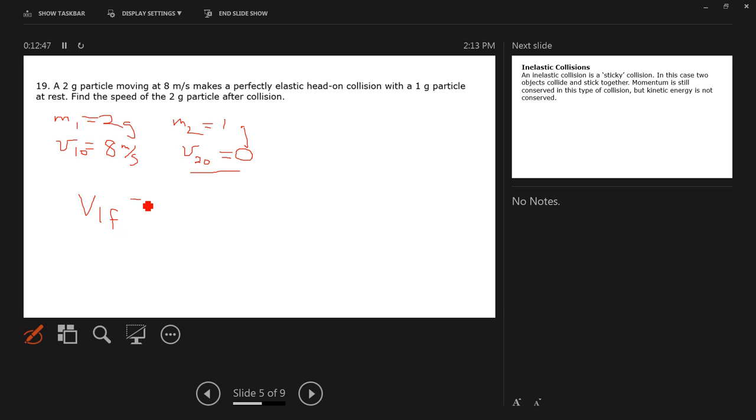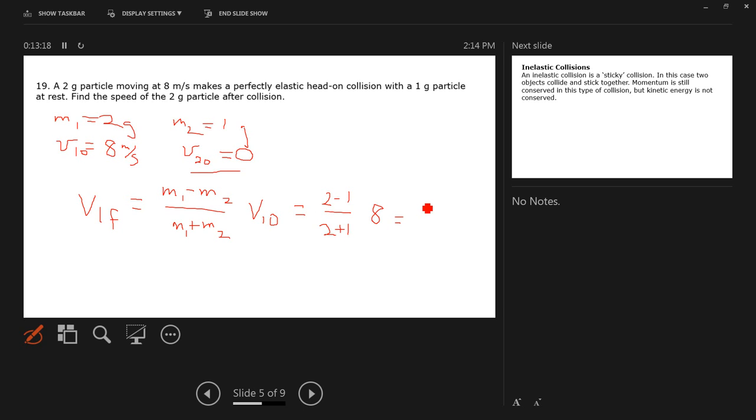The speed of V1 is the difference between the two masses over the sum of the two masses times the original velocity. Okay, well, that's going to be 2 minus 1 over 2 plus 1 times 8. Right?